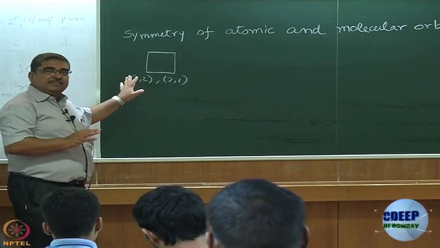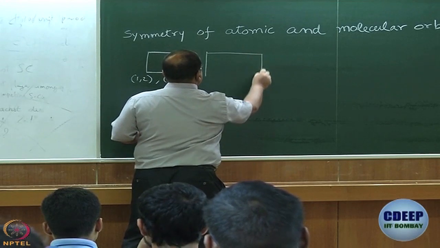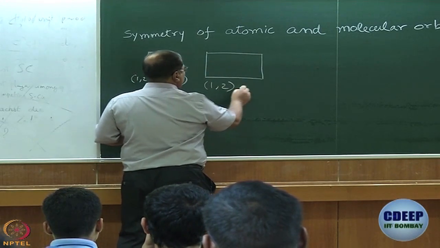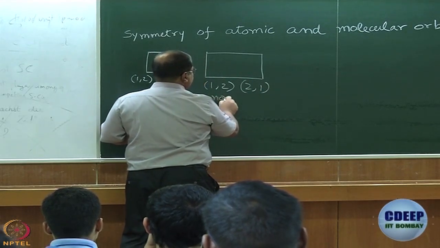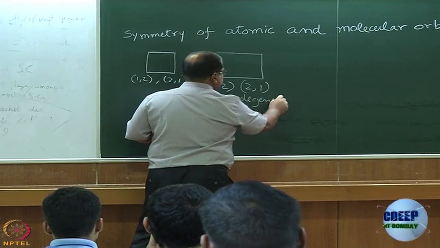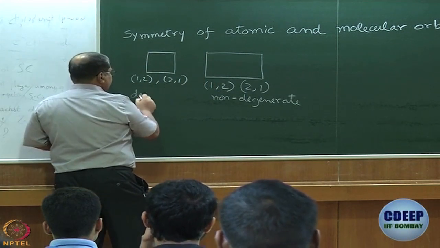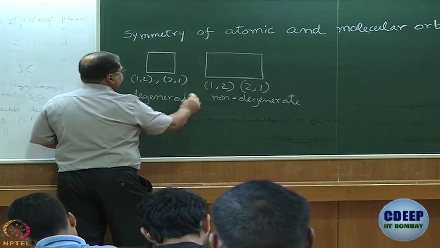Do we remember this? What about a rectangular box? Now 1 2 and 2 1, these are non-degenerate. Here they were degenerate. Degenerate, as you know, means same energy.